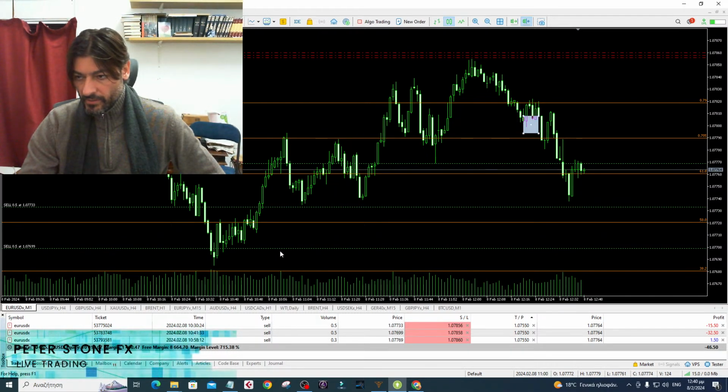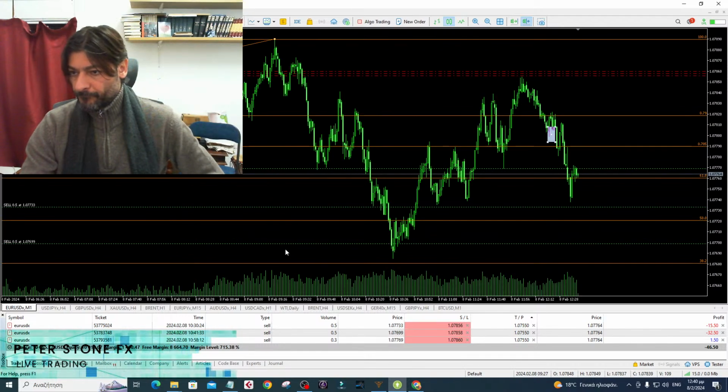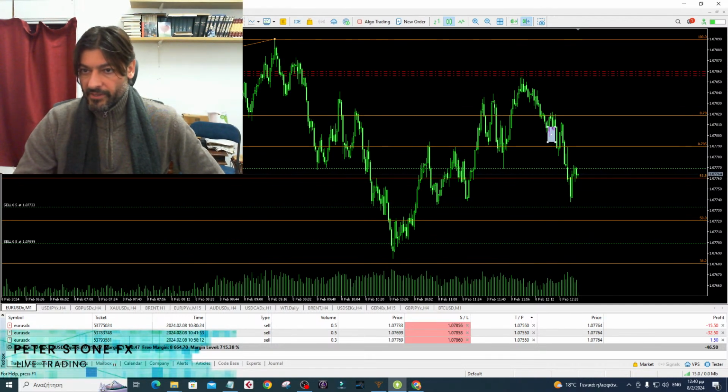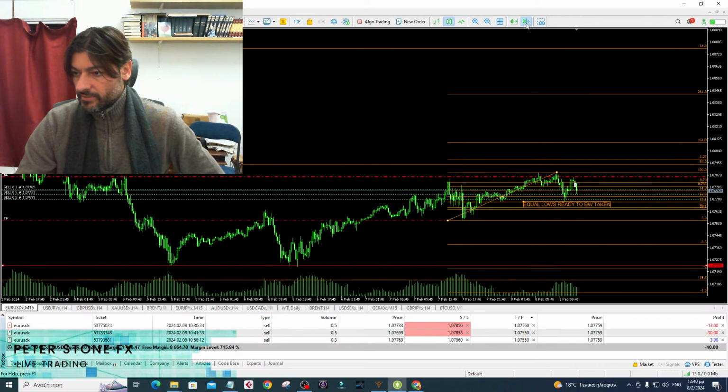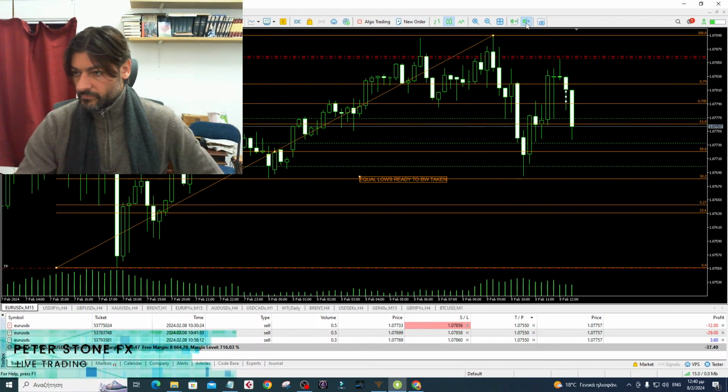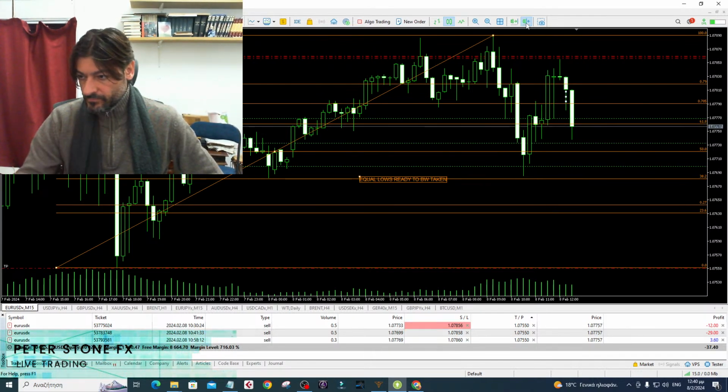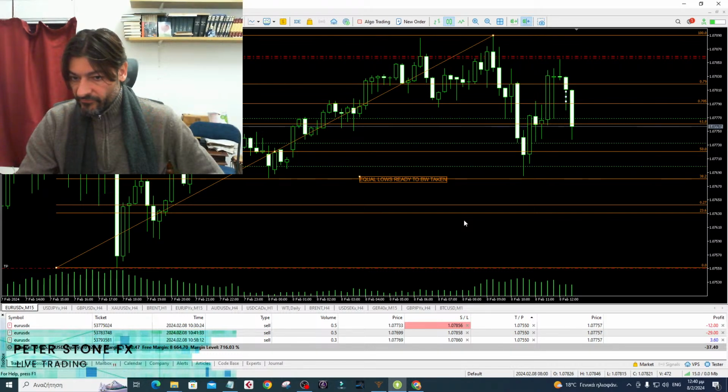This position here that I took in a very low area, thinking that in the high time frame of 15 minutes we're going down. 75.50 I believe is the target.